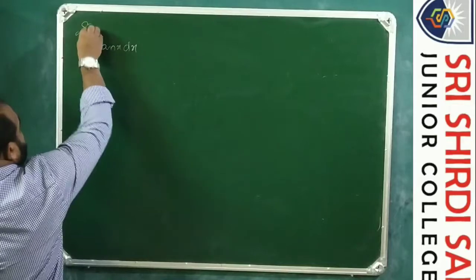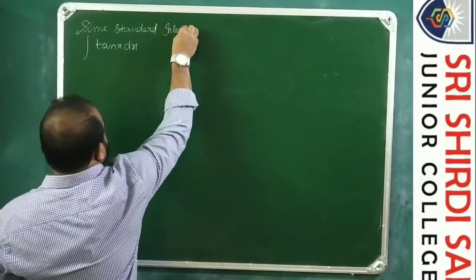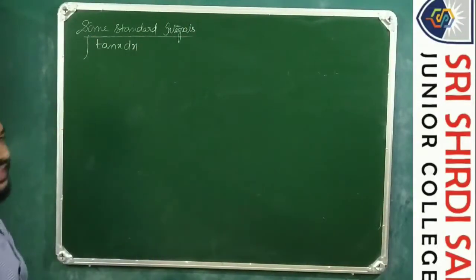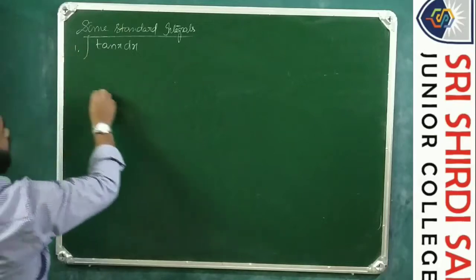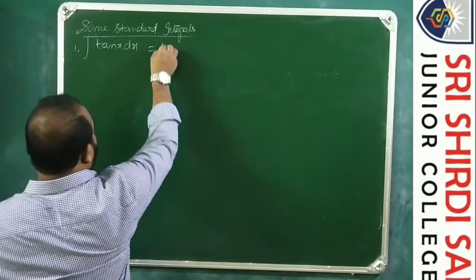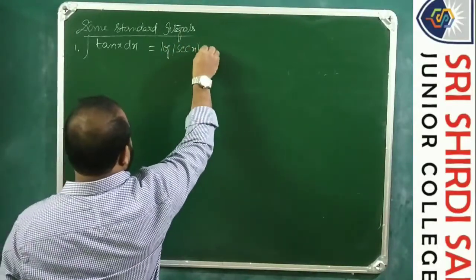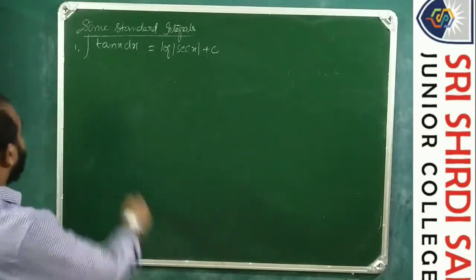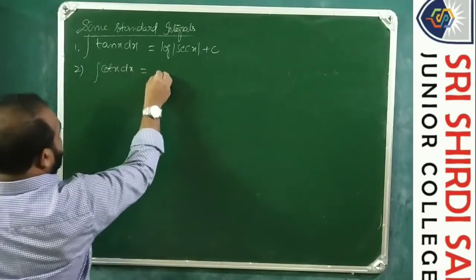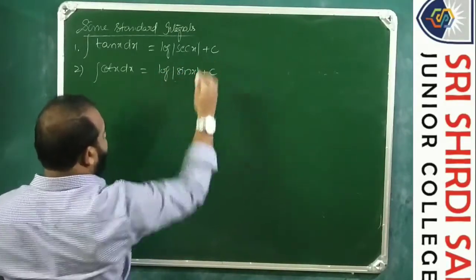Some standard integrals. Integral tan x dx is equal to log mod secant x plus c. Integral cot x dx is equal to log mod sin x plus constant of integration c.